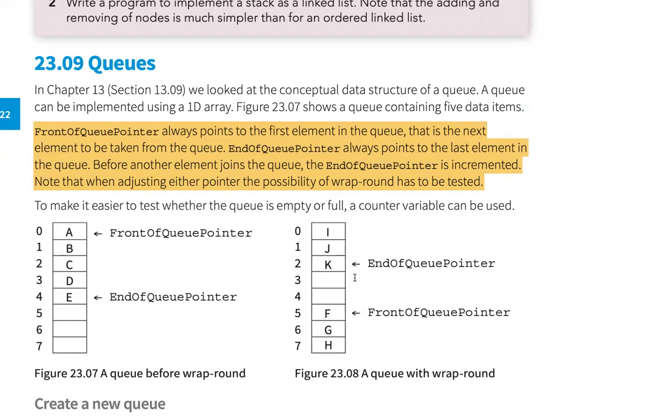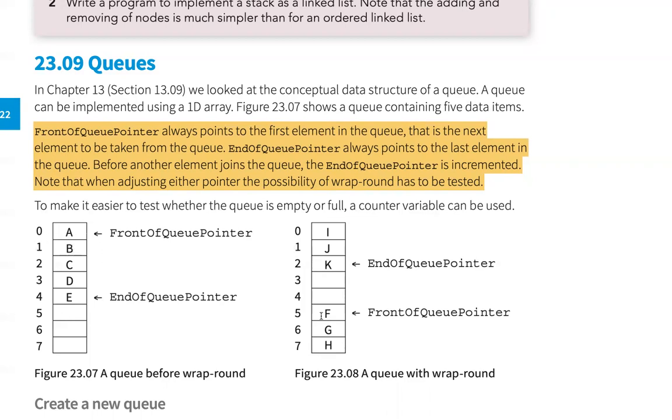So if you see here, after E, F came about, G came about, H came about, I, J, K, and each time a new element was added, my end of queue pointer incremented till it reached the last of the array, and because of which it had to move back towards the top and start the wraparound from the top.